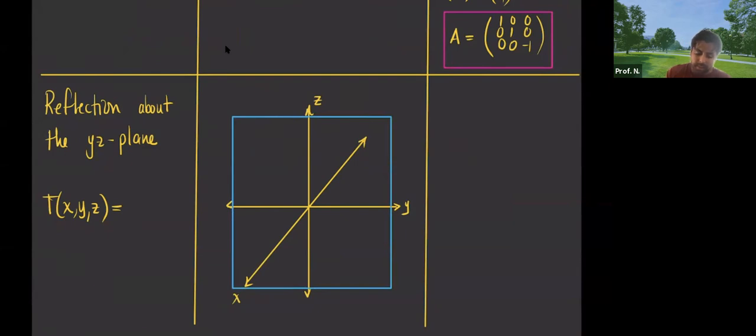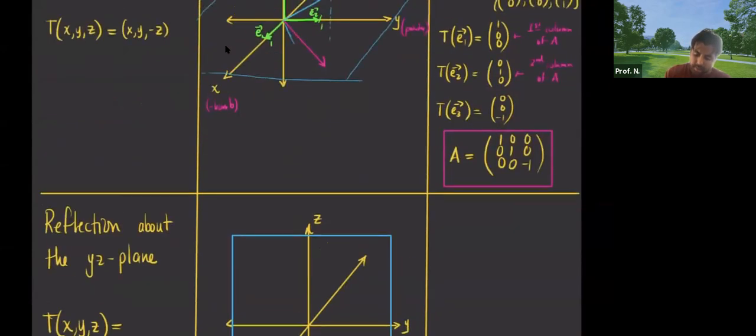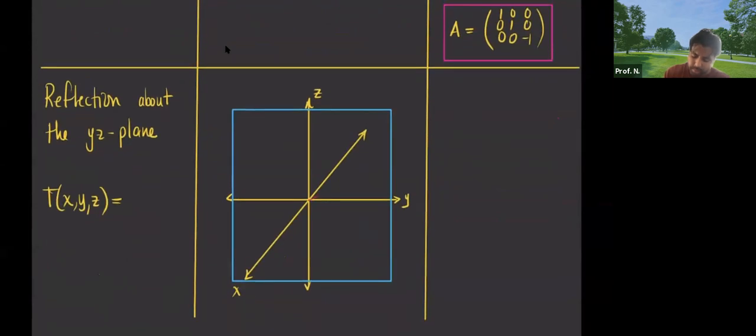And I have a vector. I drew it this way, right? I have the vector somewhere. Again, this is difficult to draw on a two-dimensional surface. So I'm reflecting this vector here across this YZ plane.